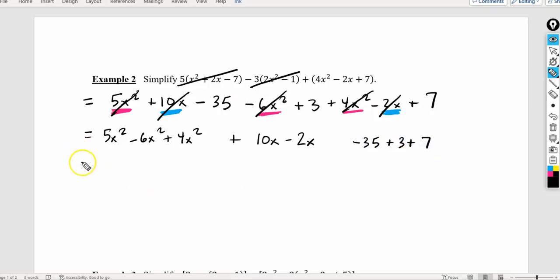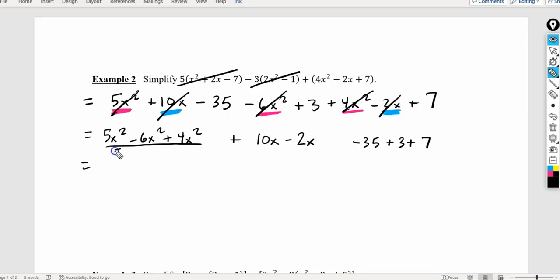Okay. So now I need to combine all of those. Since they're all x squared terms, 5 minus 6 is -1. So 5x squared minus 6x squared is going to be -1x squared. And -1x squared plus 4x squared is going to be 3x squared.